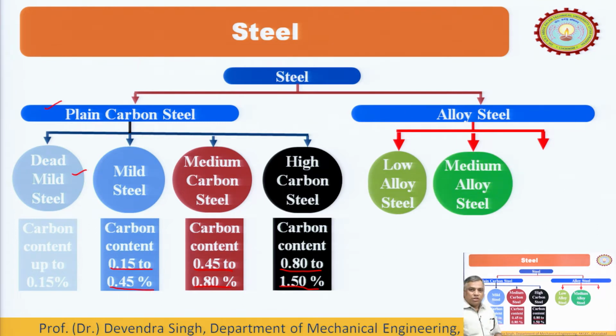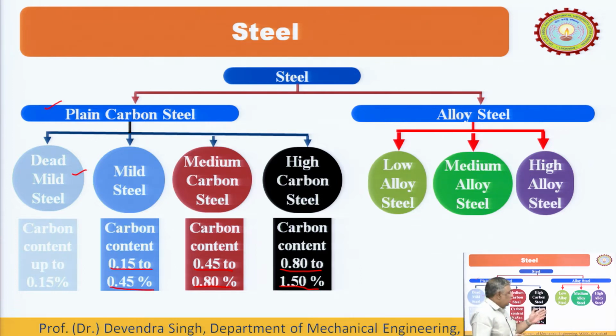Then medium alloy steel, if the total sum of the alloying element percentage content is between 5 to 10%. And high alloy steel, if the major alloying elements, please note we are saying the major alloying elements which are responsible for affecting the mechanical properties of the steel, we consider their sum. If the sum is less than 5%, then low alloy steel.